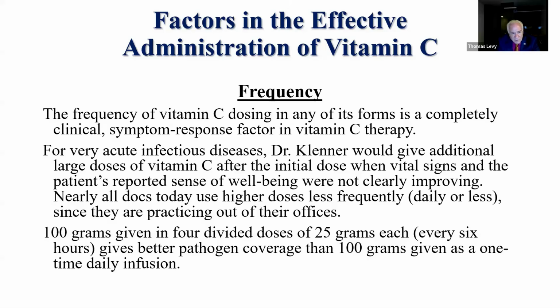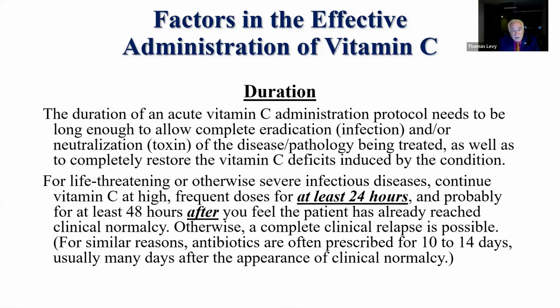But I bring you to the bottom comment there. I would maintain the evidence shows and my experience shows that, for example, 100 grams given in 4 divided doses of 25 grams each, 25 grams every 6 hours, will give you better pathogen coverage and a more powerful clinical impact than if you gave all 100 grams quickly, in let's say a 50 to 60 to 70 minute period as a rapid IV.